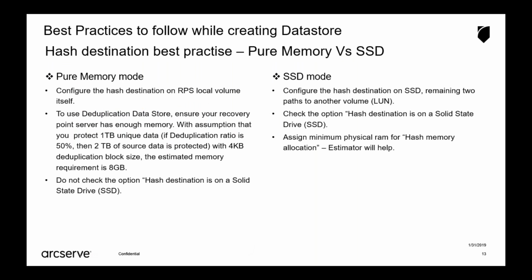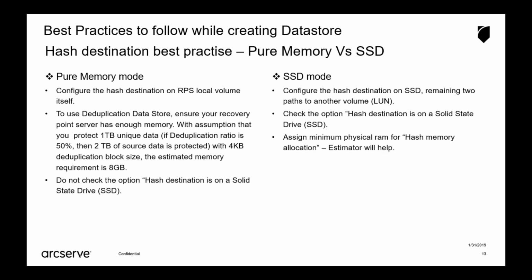Now let's talk about the difference in physical memory and the SSDs. If I have physical memory, configure the hash destination on the RPS server itself. To use deduplication data store, ensure your recovery point has enough memory.